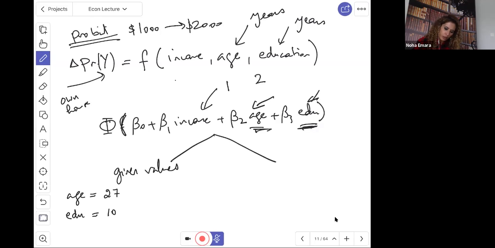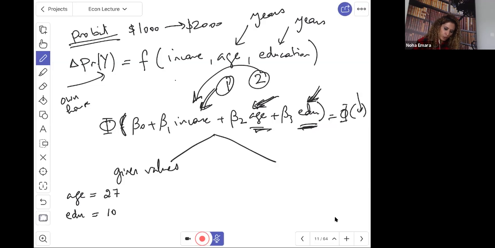So what you do is, I'm going to plug in here 1000, I'm going to put here 27, and I'm going to put here 10, and just have my phi. So you're going to have just one number for this phi, and you look at the table. And then you repeat. When you repeat, you plug in the 2000. What I'm going to use here, they are held constant.